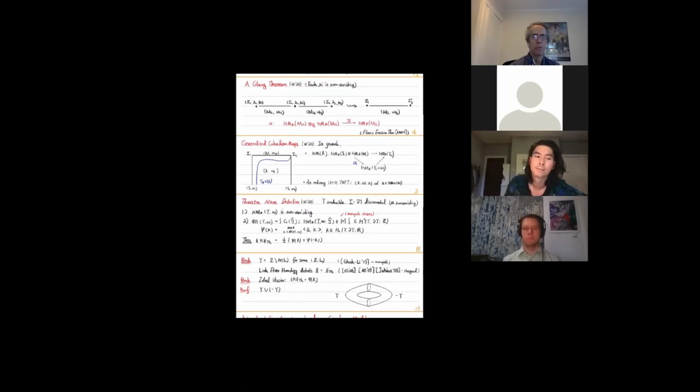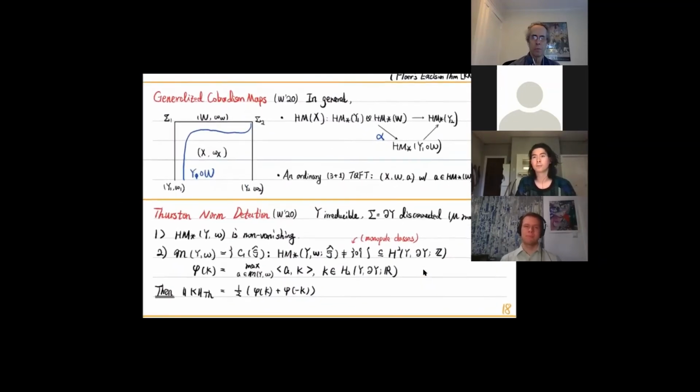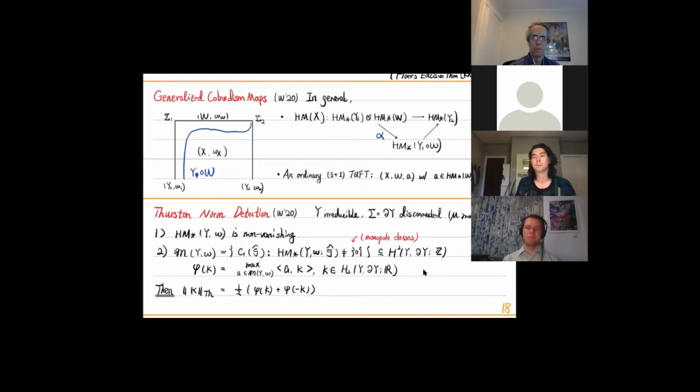Is there any relation between your cobordism maps and cobordism maps in sutured monopole Floer homology? I don't really know how to answer that question. I would wish there is a good relation. But I think the heuristic is that in the sutured cobordism category, you usually pick a contact structure on this horizontal manifold.